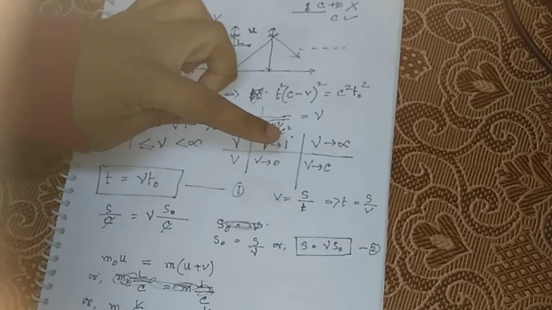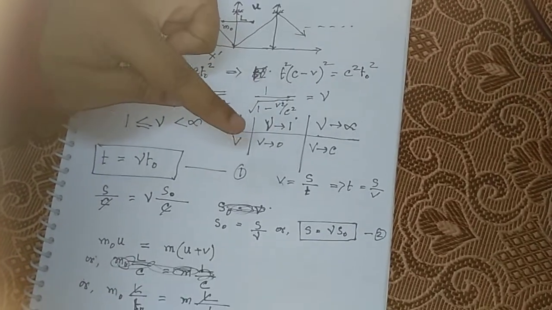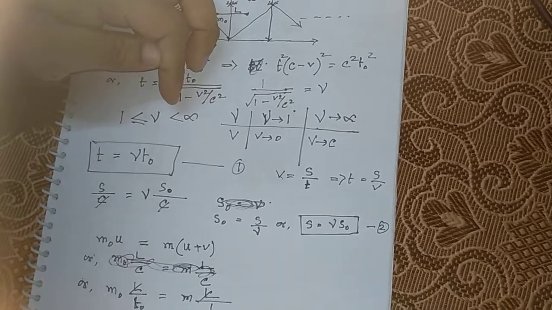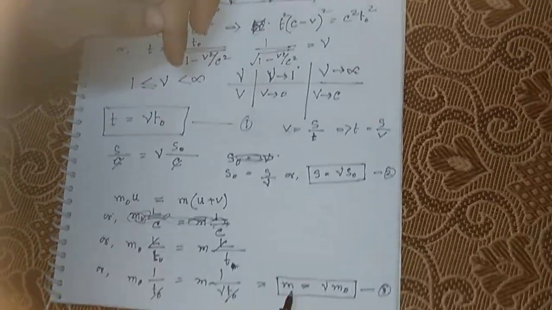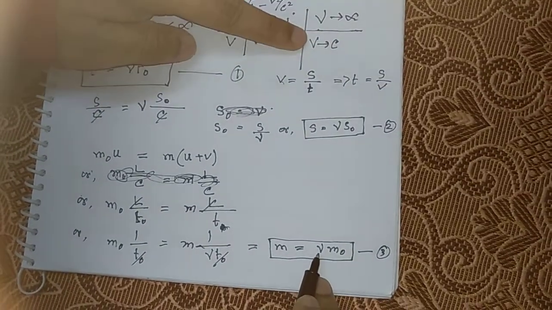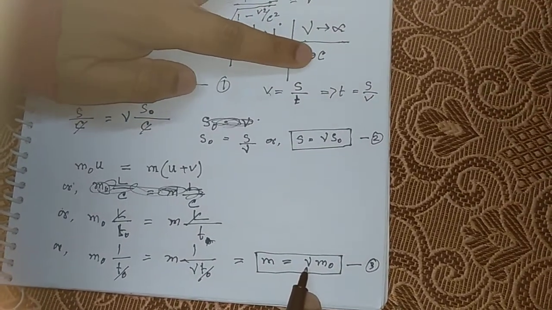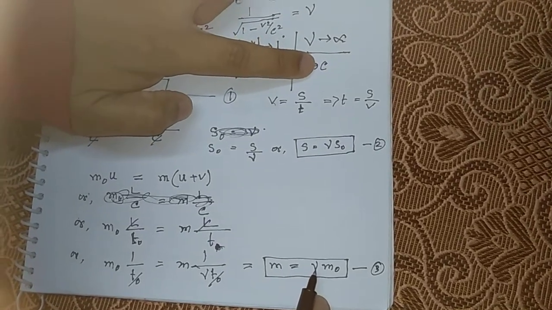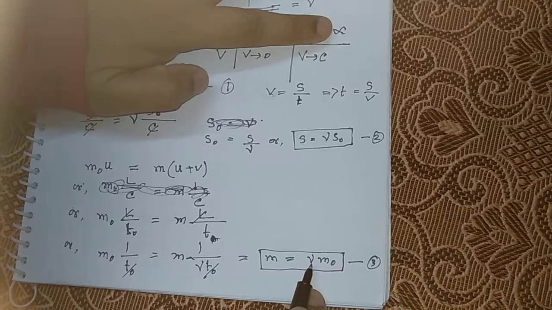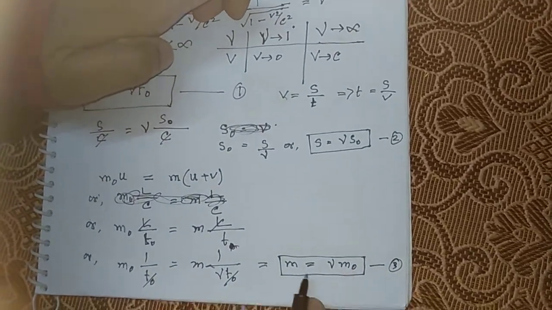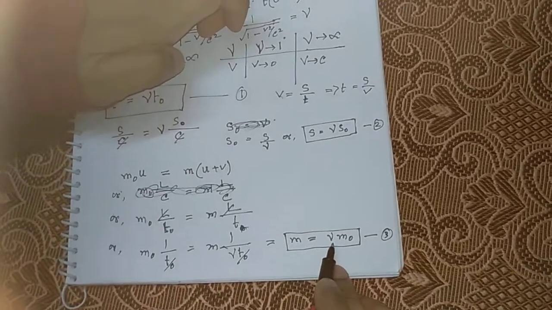If the velocity is very small, then gamma is equal to 1. That means both the rest mass and the relativistic mass are the same. But if v tends to c, then gamma tends to infinity. That means though our rest mass is the same, the relativistic mass becomes infinite.